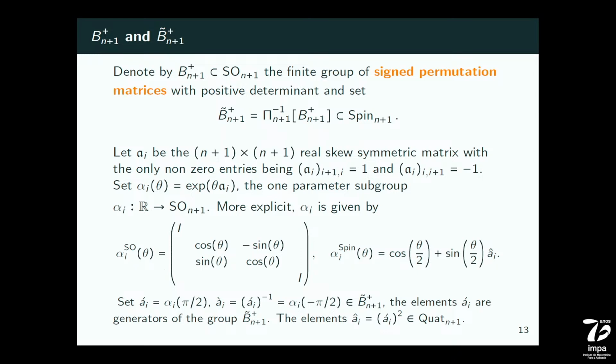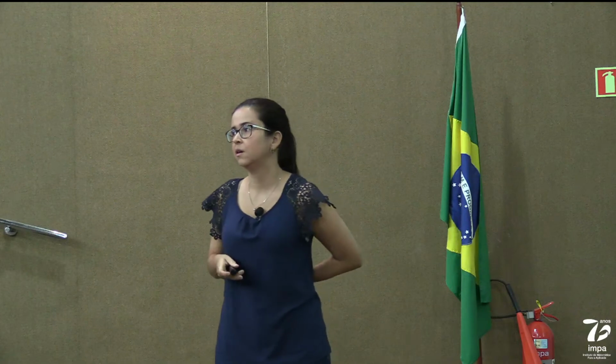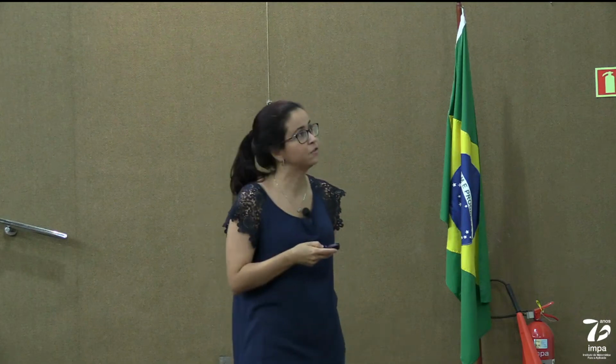So in this case, this hat a_i is a generalization of the idea of the quaternion groups. I will try to explain, but it's a lot of definitions, I think.